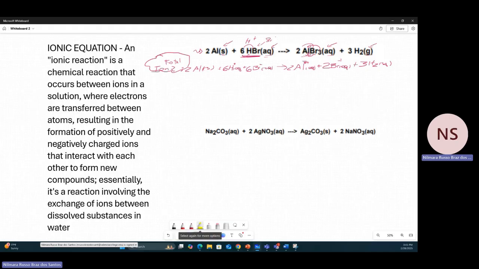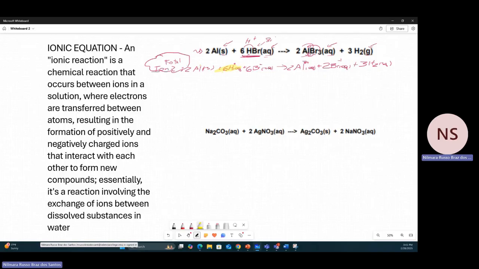But some of the elements, like here, let's look at this side. What do you have on the left-hand side? So we have 6 hydrogen over here, right? And do I have hydrogen separate over here? No. Iron? Nope. Okay, so this will be my formula.